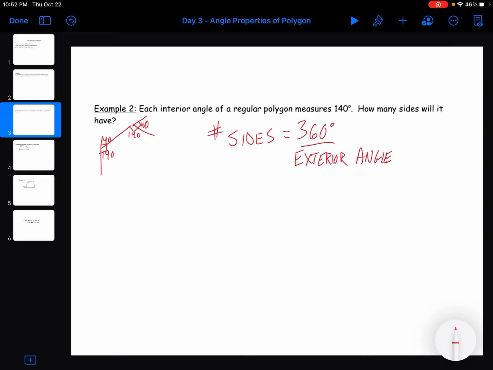And in this case, we've got 360 divided by 40. Now, 360 divided by 40 is going to give us the number of sides. It's because we always know that there's going to be 360 degrees on the outside of the shape. Okay, that's going to give us 9 sides. So therefore, 9 sides.